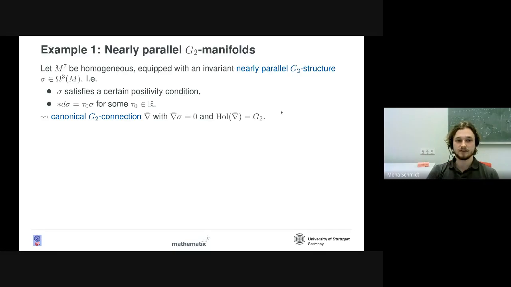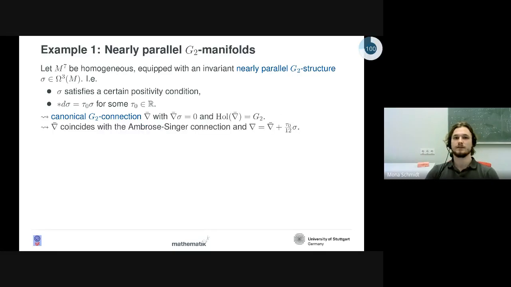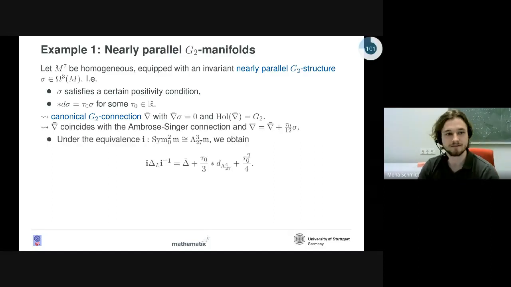Because in this case, it actually is the same as the Ambrose-Singer connection. And furthermore, we can write the difference between the Levi-Civita connection and the Ambrose-Singer connection in terms of the G2 structure, namely it's tau naught over 12 times this 3-tensor here, which is pretty neat.